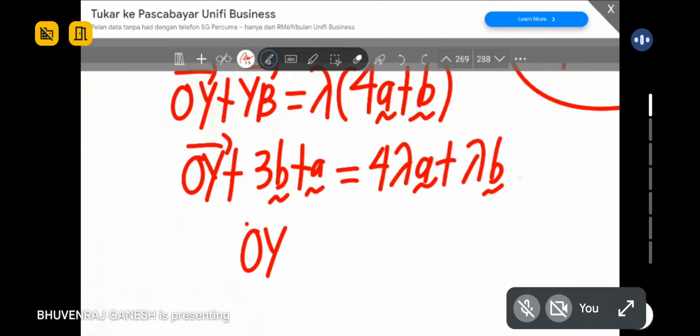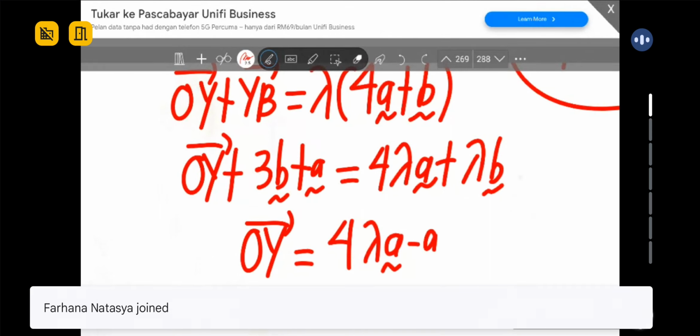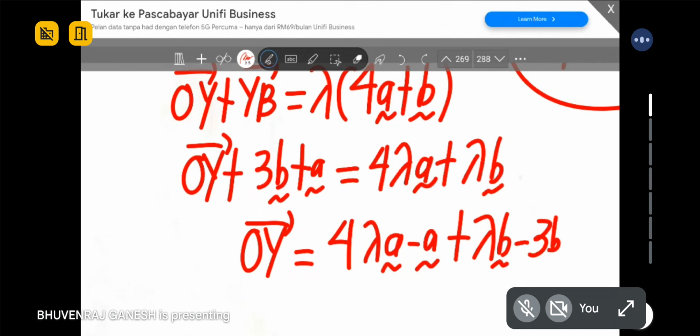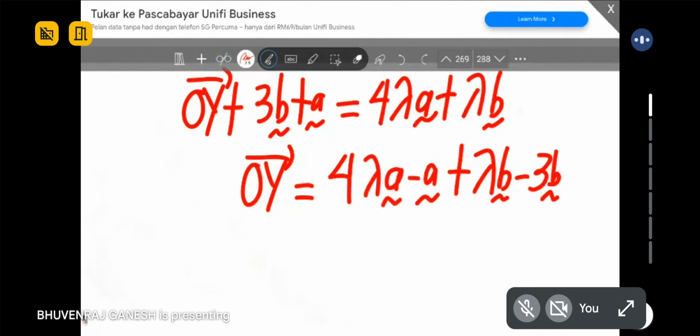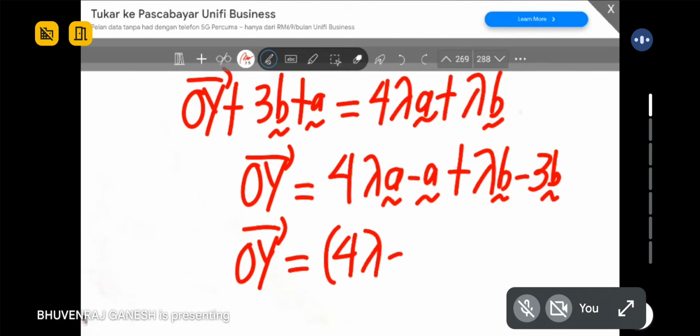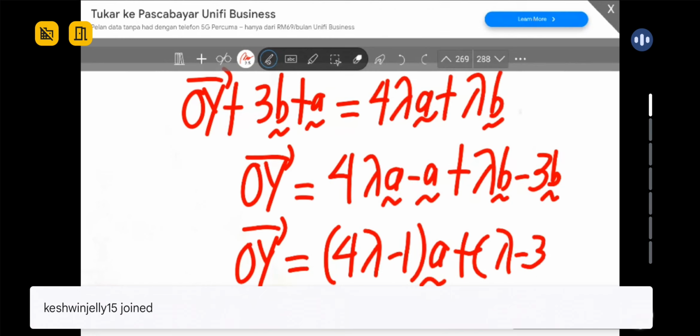So OY is equal to 4 lambda A minus A plus lambda B minus 3B. Okay, so you can actually factorize: OY equals (4 lambda minus 1)A plus (lambda minus 3)B.